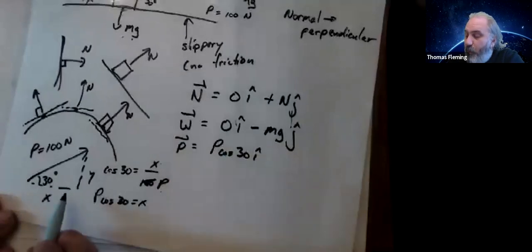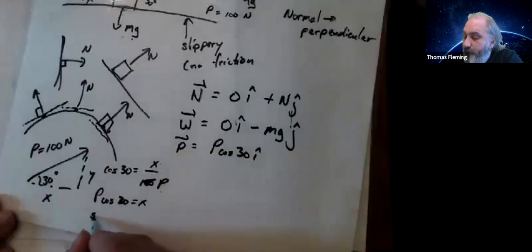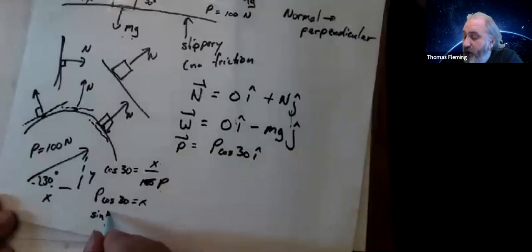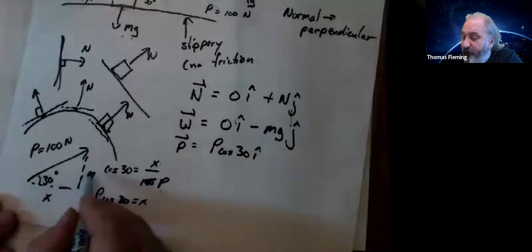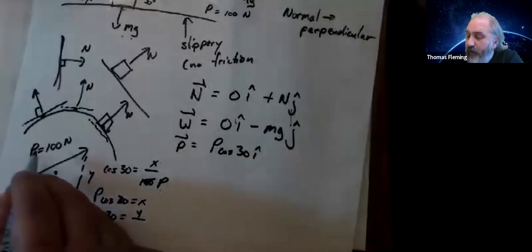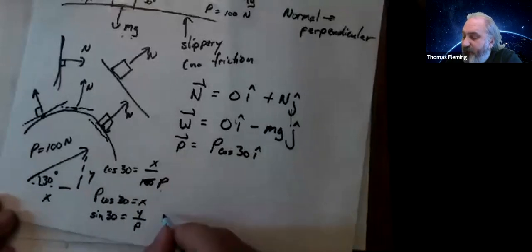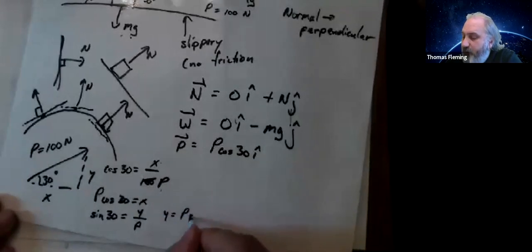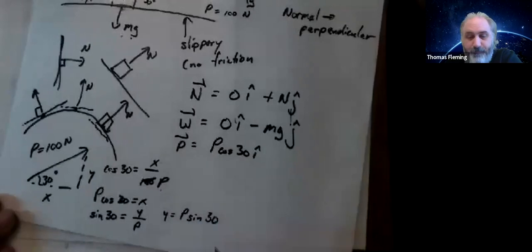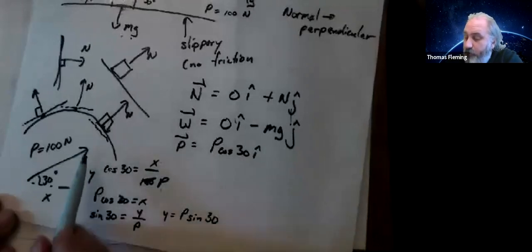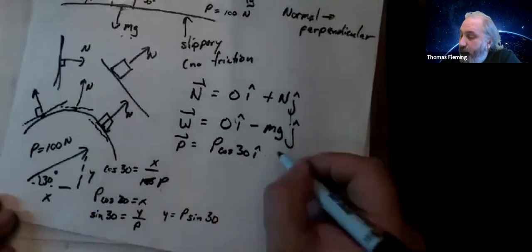And then for the y part, I do the same idea, except now it's the sine. I know the sine of 30 is opposite, that's the y part, over the hypotenuse, which is P. So again, when I rearrange that, I get that y is equal to P times the sine of 30. It's upward, so I'll leave that positive.